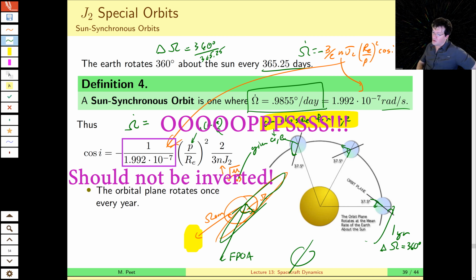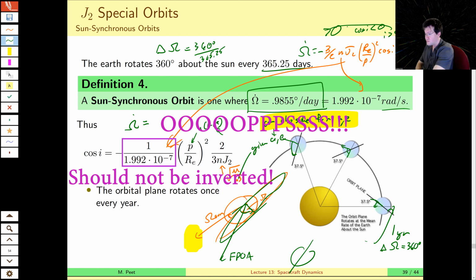So from our formula for omega dot, if we want this to be greater than 0, we want cosine I to be less than 0, right? And so if we want cosine I to be less than 0, we want I greater than 90 degrees. Right? This is for the other slide, of course.